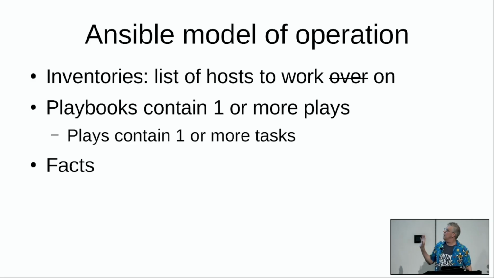We have a concept known as facts, and that's basically potentially immutable information about the system that we're working on. Some facts can be, for example, the number of network cards and the IP addresses on them. Ideally they should be immutable, but bear in mind that playbooks go out and change the state of things, so potentially they're not always immutable.